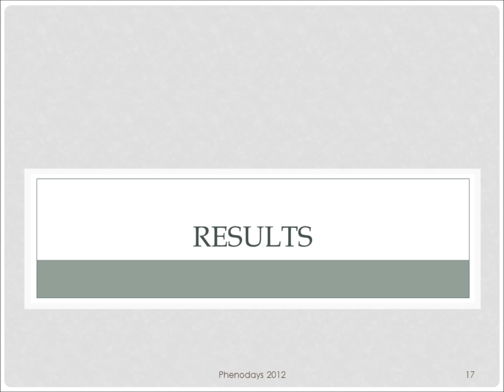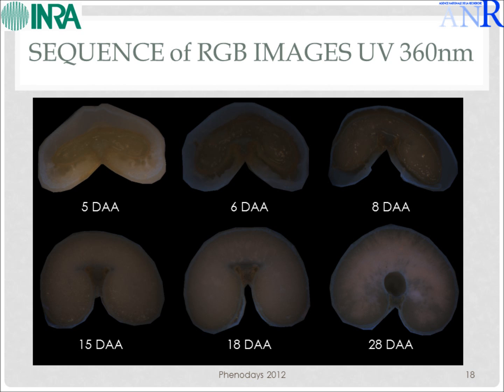So the result now. Sorry for the quality, but you can see the RGB image illuminated with the UV at 360 nanometers. You can see some colors like blue, green fluorescence, and you can see the evolution of the shape of the endosperm, the evolution of the colors, and the evolution of the different tissues.